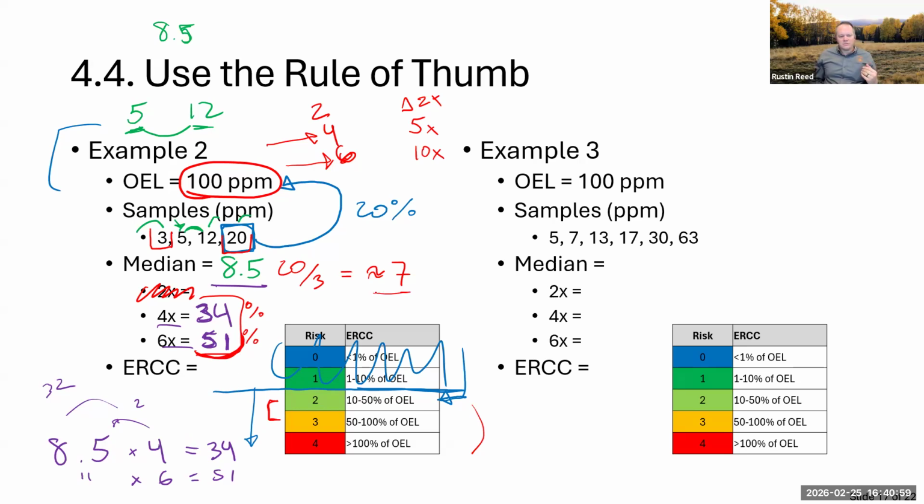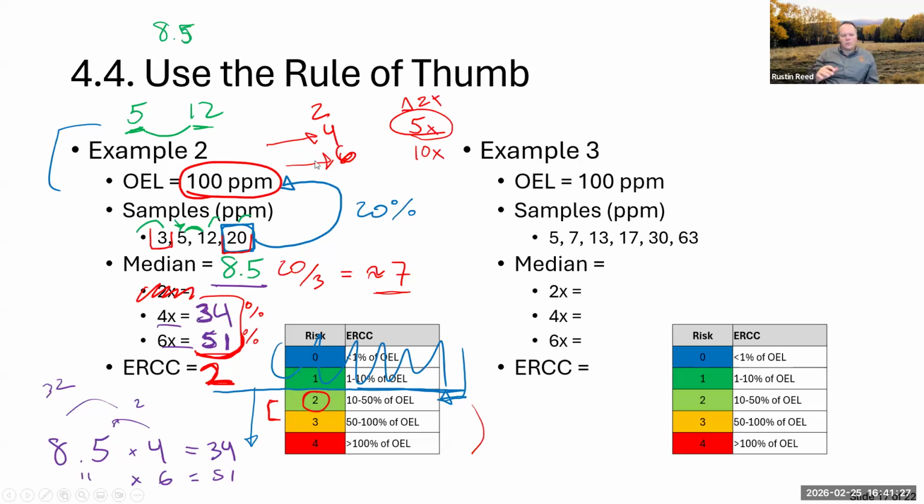And 7 is pretty close to 5. My little rule of thumb of 5 times, it's a little bit closer to that than something a little more extreme. So in this case, I would select category 2, and I would go with that one for my exposure rating and control category. So I'd like you to take the opportunity to do this yourself as well.